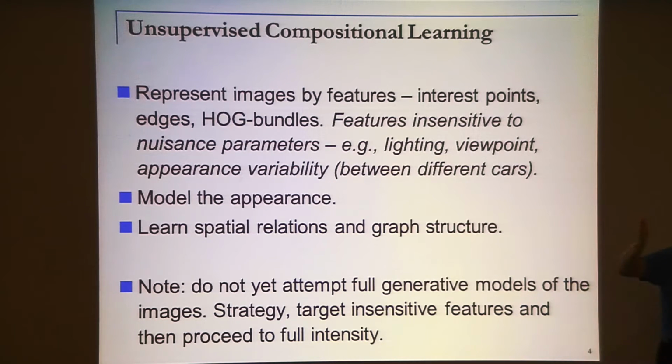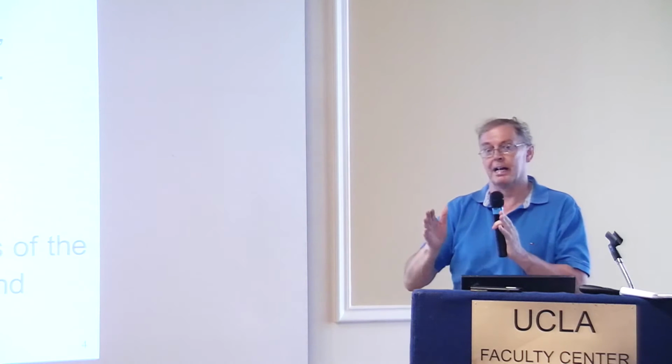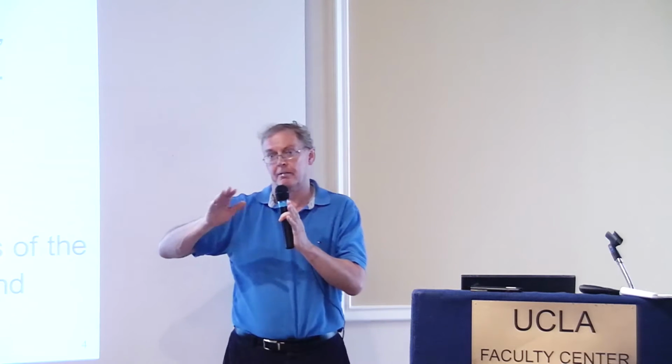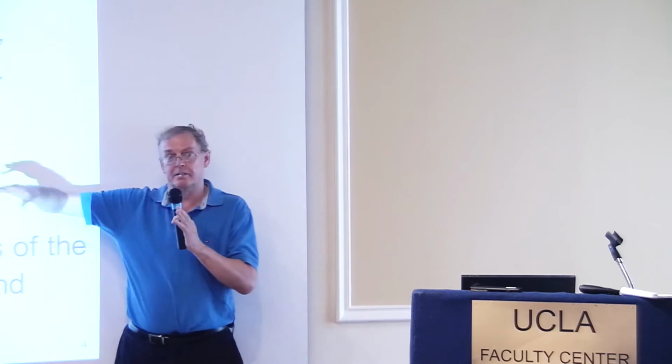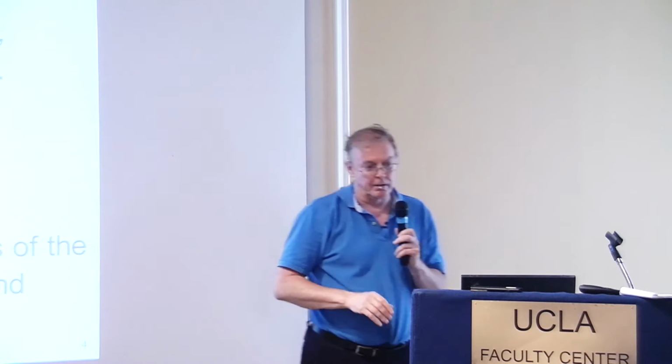It's a classic computer vision thing. It works reasonably well, and it's an approximation to doing the whole thing with a generative model, but it shows you how little you may need the appearance to do various tasks. And also, if you model the appearance in these rather simple ways, that can allow you to bootstrap up to modeling the appearance in more precise methods.